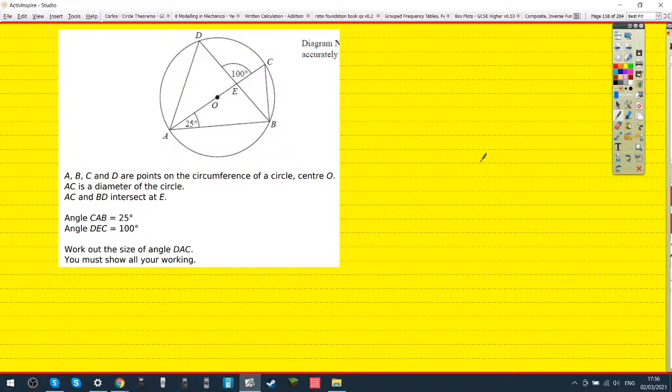So 25 degrees. Is E also 100 degrees? E is also 100, yeah.